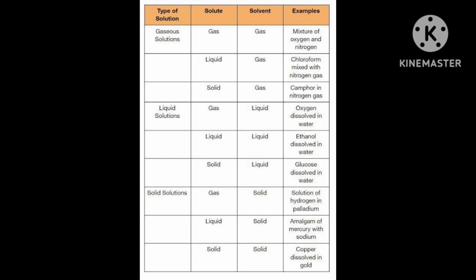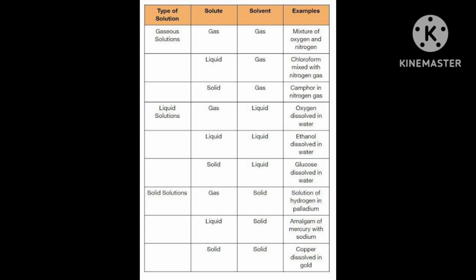If you drink it, you will feel very little salt. Then you can tell this is a dilute solution. If you mix a little more, then you will feel it is a little more salty; now you can say it is moderate.